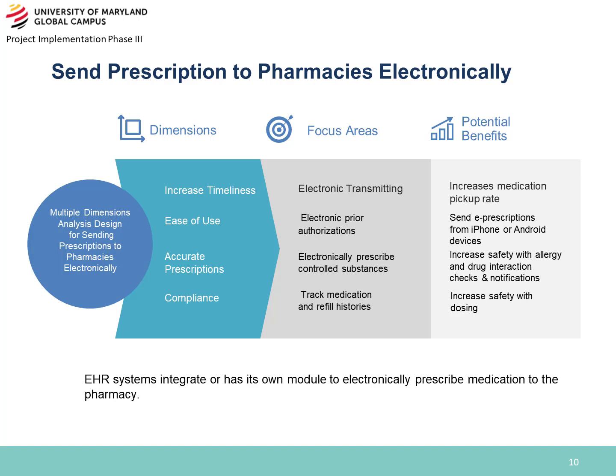The last area is compliance, and it tracks medication and refill histories, and increases safety and dosing. So overall, the EHR system integrates either its own module or into another vendor's prescription module that is linked to the pharmacy.